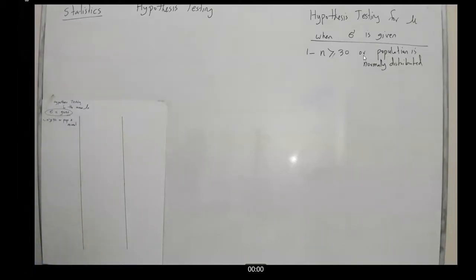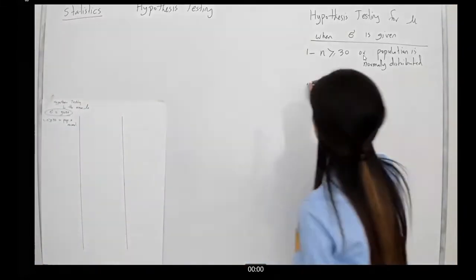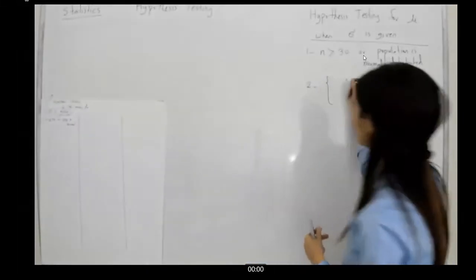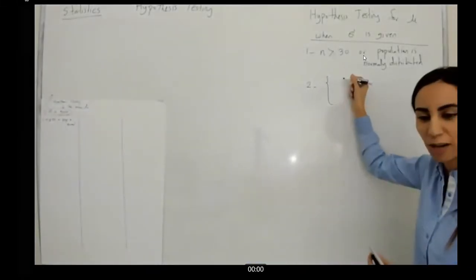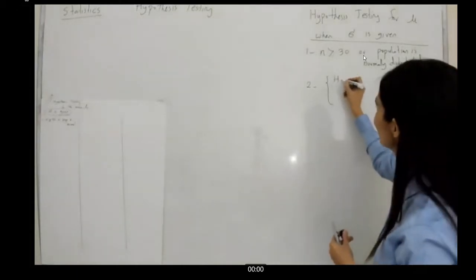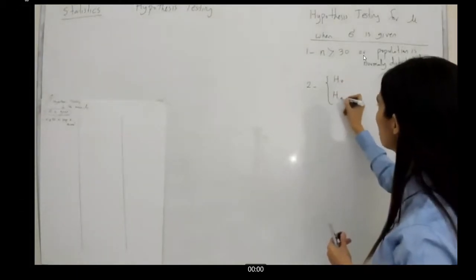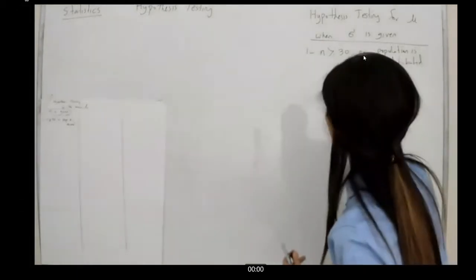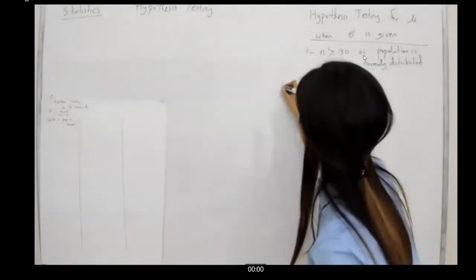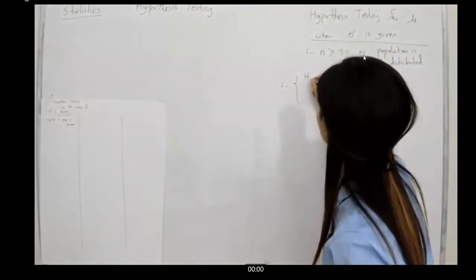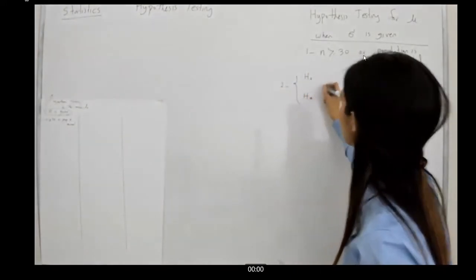Step two. Null hypothesis, alternative hypothesis. How many cases do you have? 3 cases. Very good. What was the first case?